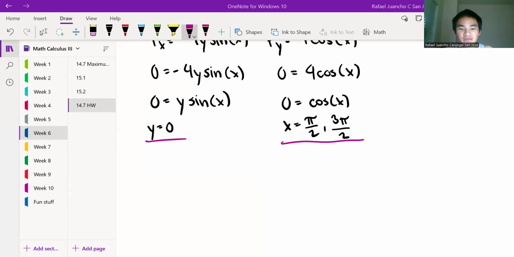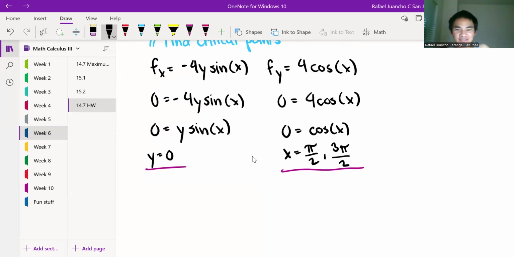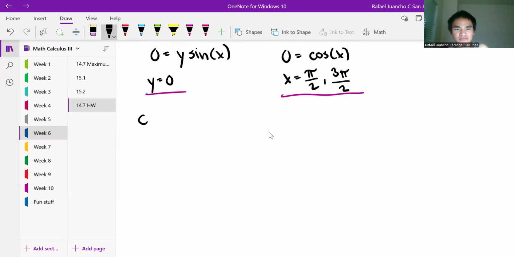So I actually get those two, right? Yeah, okay. GPT messed up there.